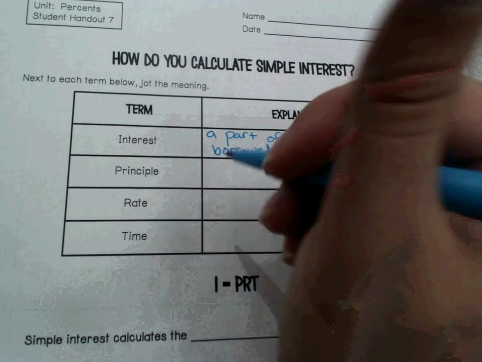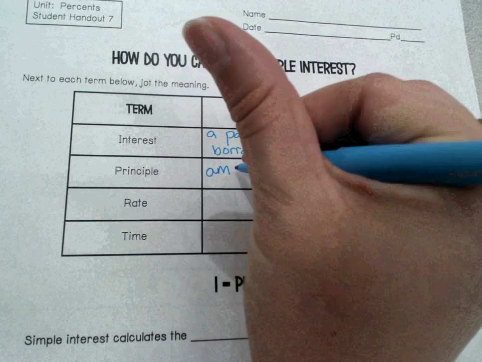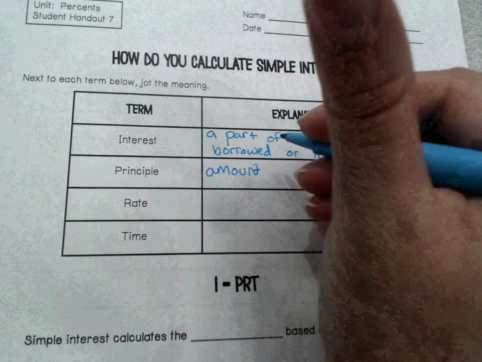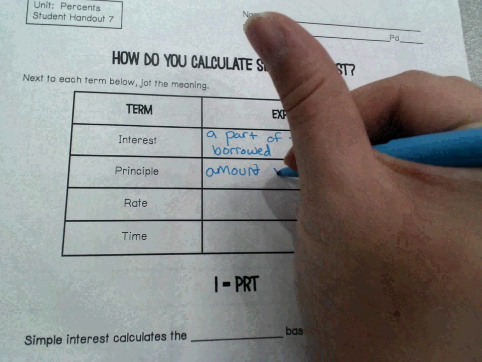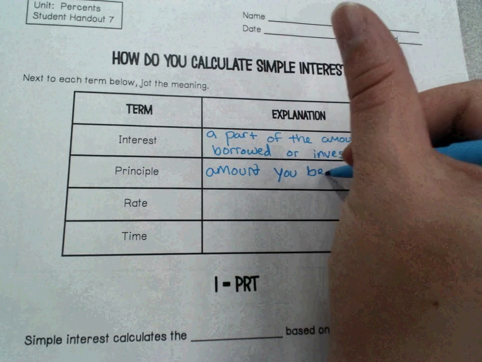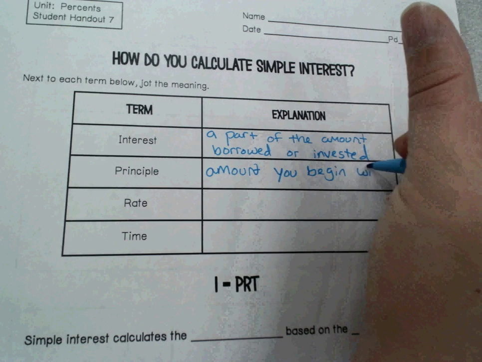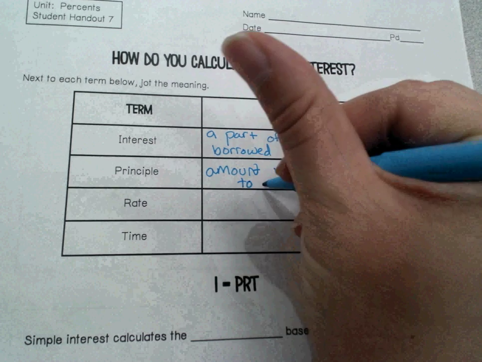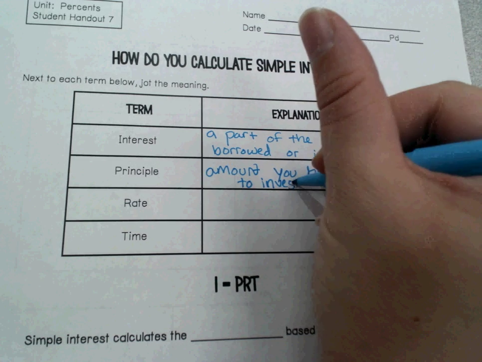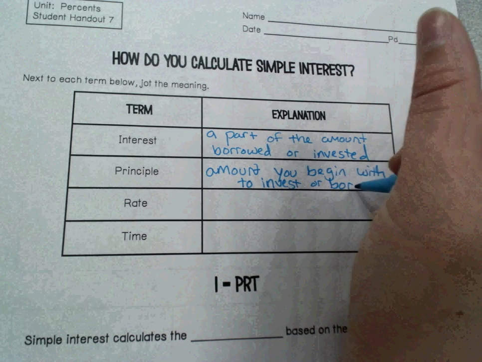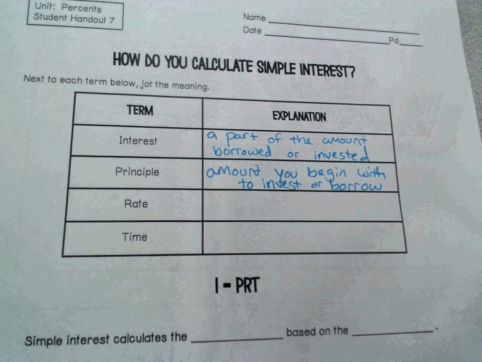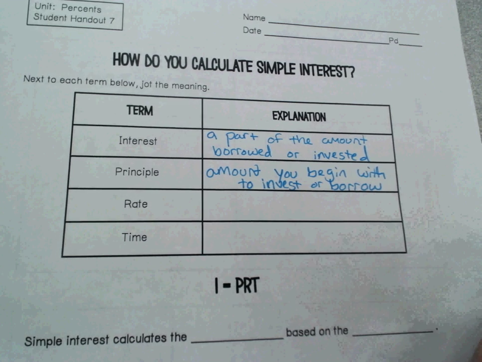Principal, when we're looking at all of these, is just the amount you begin with to invest or borrow. So it's either how much you invest initially or how much you borrow initially.